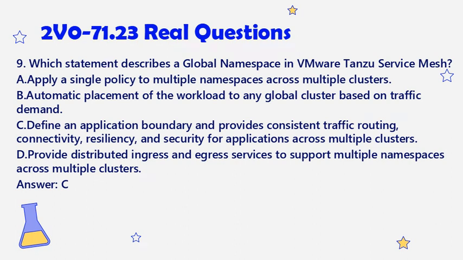C. Define an application boundary and provide consistent traffic routing, connectivity, resiliency, and security for applications across multiple clusters. D. Provide distributed ingress and egress services to support multiple namespaces across multiple clusters. Answer: C.